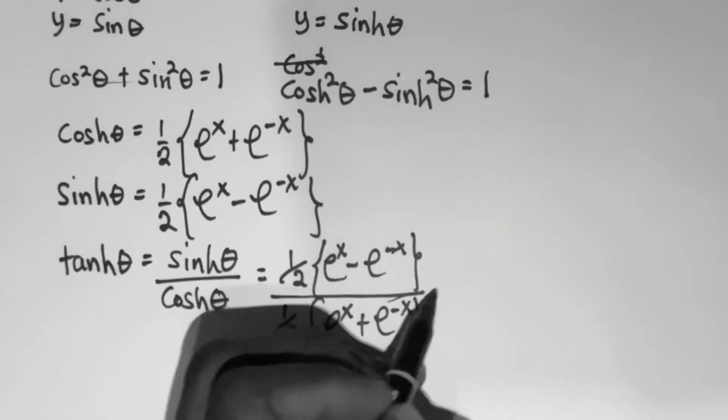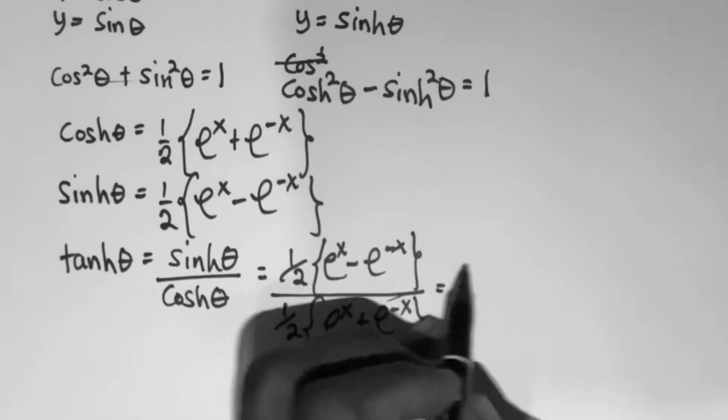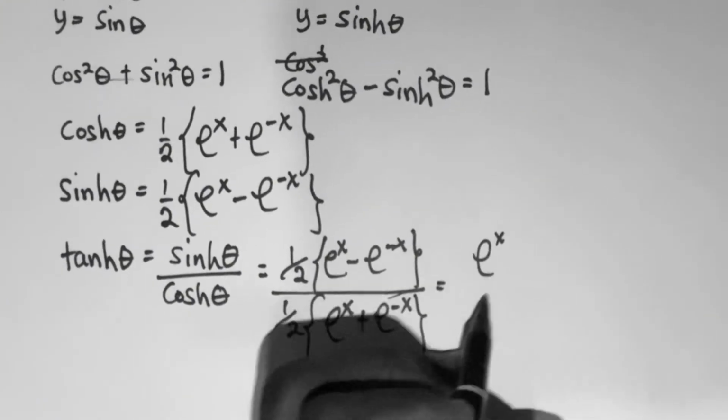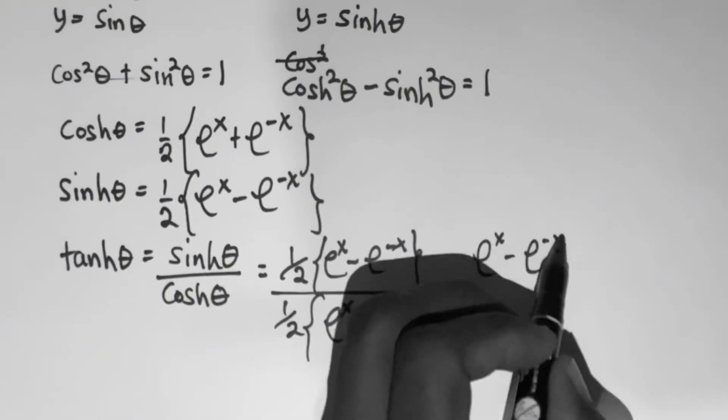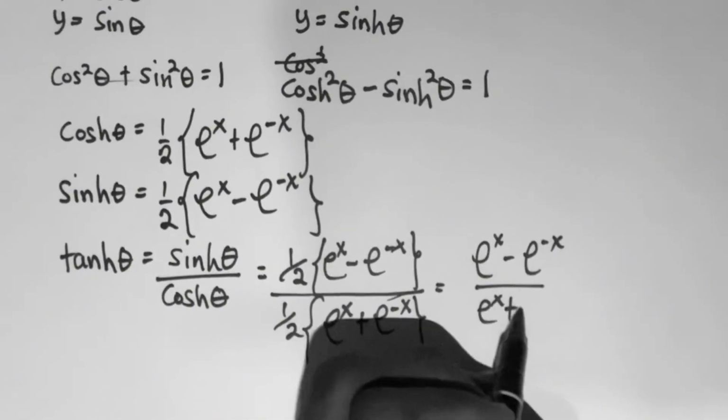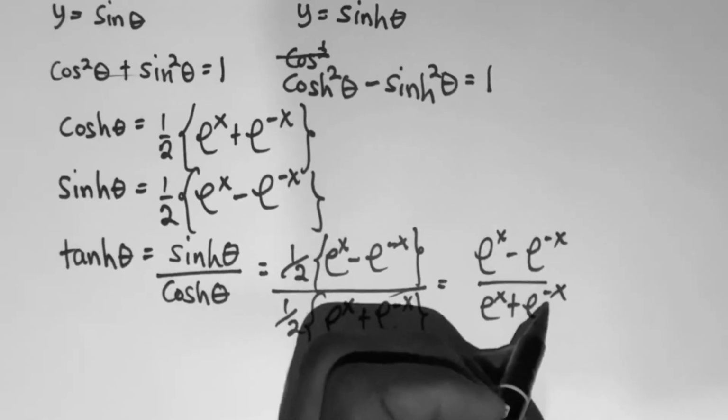If we do this division, we get the hyperbolic tan function given as e^x minus e^(-x) divided by e^x plus e^(-x).